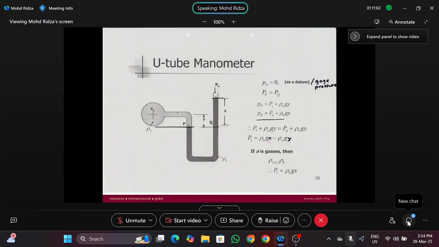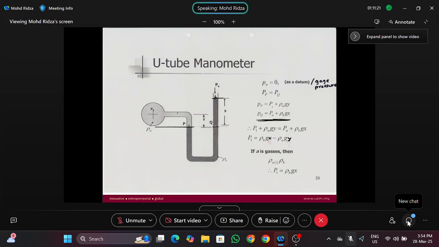PA, because here is open to the atmosphere, plus rho of this black liquid, which we call rho B, times G, times the distance X. That is PQ. Now we have the first equation.